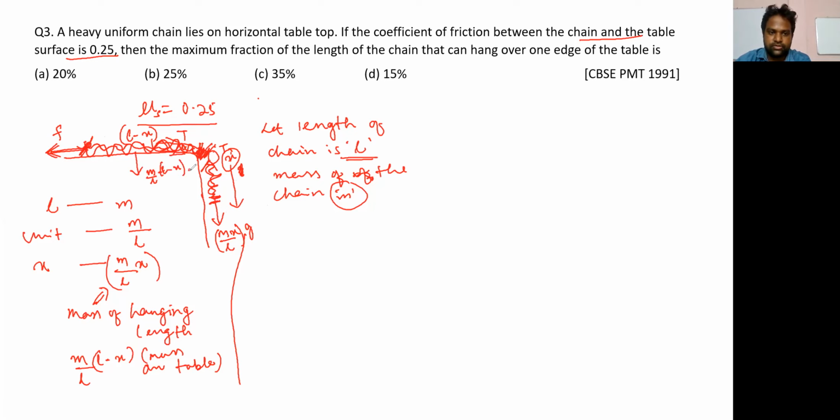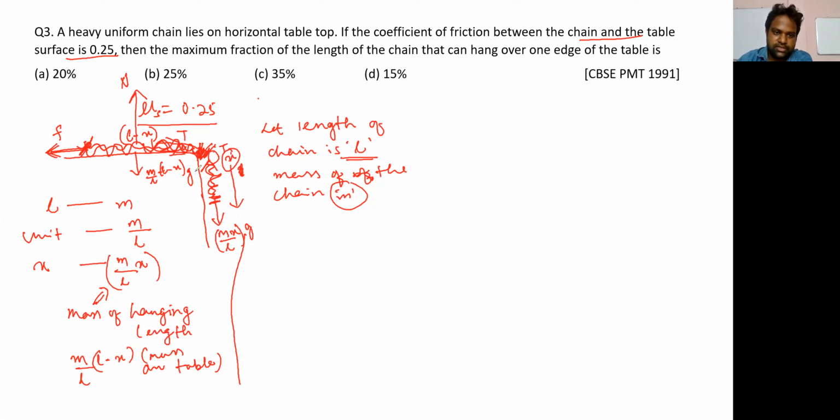This is your mass into g, and there will be a normal force, of course, N. So now we'll write down the equations. Here there is no acceleration, it's just hanging over the table at a maximum level. Beyond that, this length will start sliding.